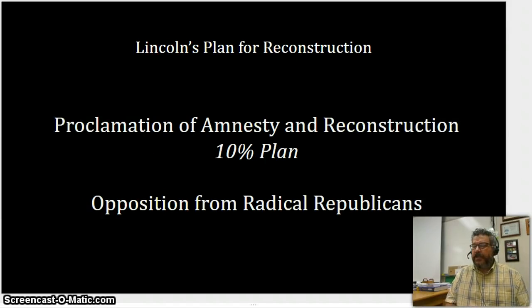And as we've gone over several times in class, the basics of this plan are that once 10% of those that voted in the 1860 election within these southern states pledge an oath of loyalty to the Union, then the process of Reconstruction can begin. The process of rebuilding southern state governments, of reformulating state constitutions can begin.